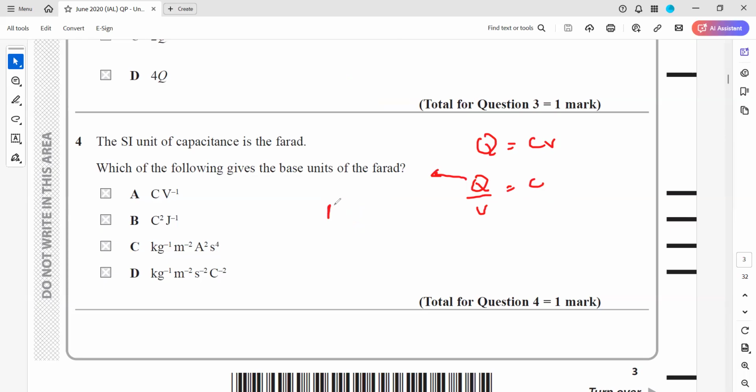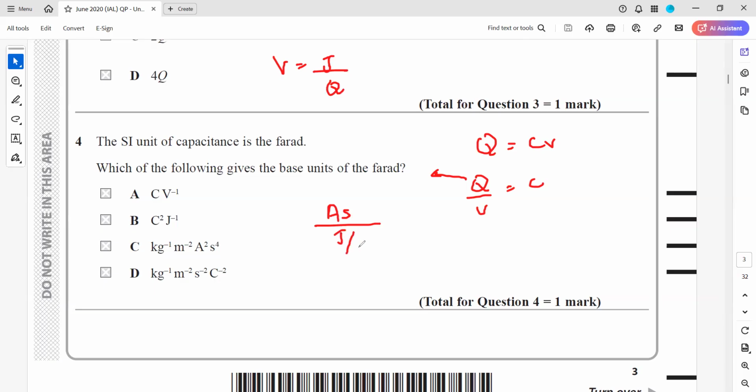Q is the charge, which is current multiplied by time, ampere second. V is the voltage. Voltage is energy per unit charge, which means joules per coulomb.